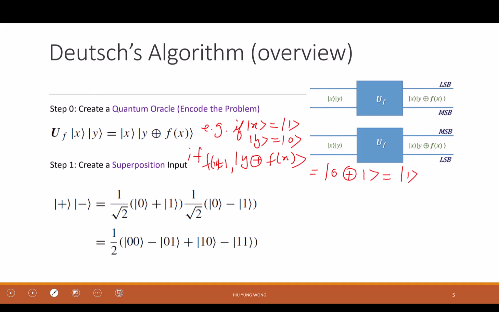After this, like every one of you and some of you said last time, if I want to achieve this speedup to do the computation all at one time, we have spent so much time on quantum computing. Naturally, you will think I need to do superposition. I need to create a superposition state. And I chose plus minus.